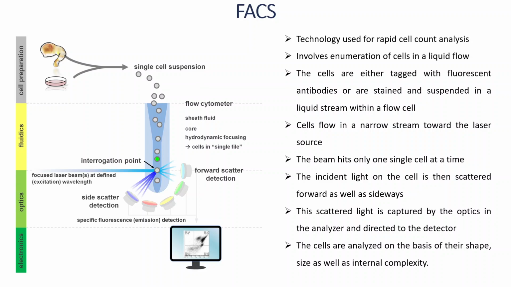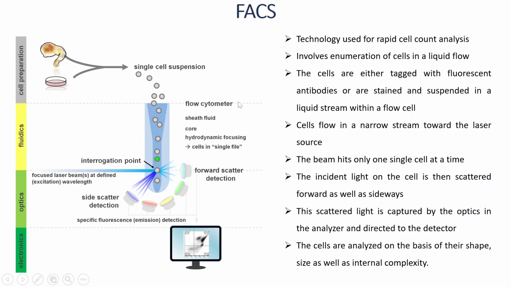Also, if we incubate the cell suspension with specific antibodies which are used to detect markers on the surface of these cells, and each of these antibodies is conjugated with specific fluorescent dyes, with the help of that we can identify our different cells. So flow cytometry combined with cell sorting is known as FACS.